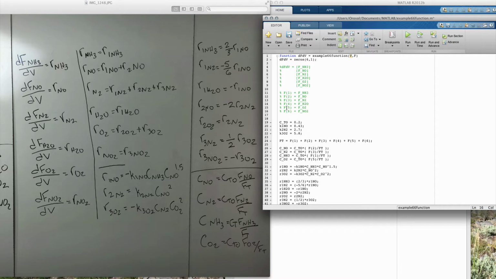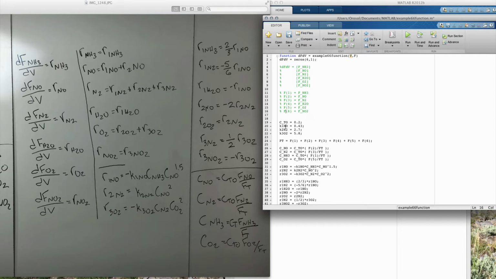If you remember, the reason you have to do it like this is because you're only allowed to have one name for the dependent variable, so you have to create an array if you have more than one equation.